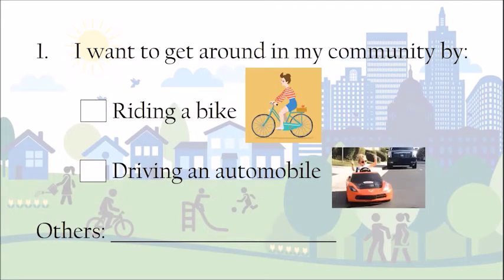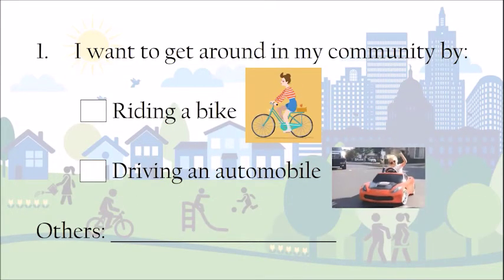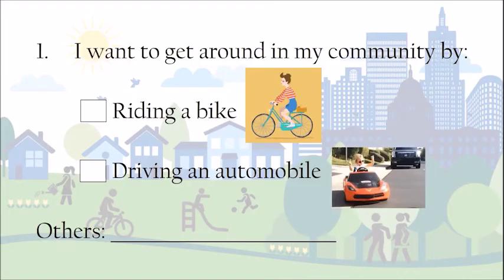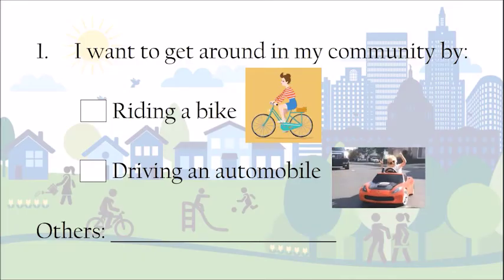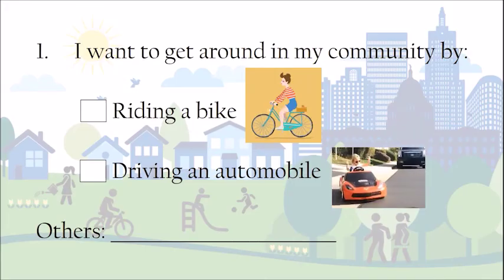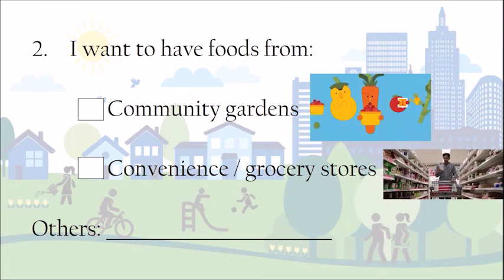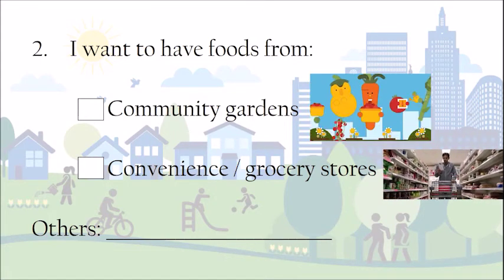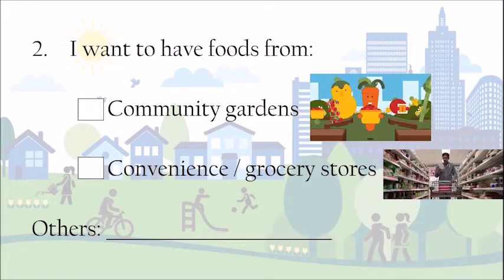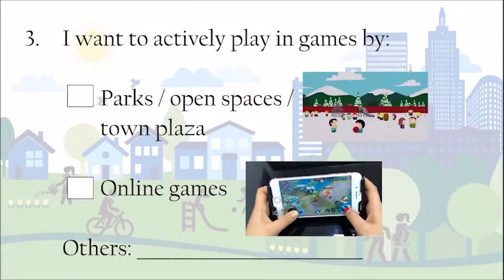Number 1. I want to get around in my community by riding a bike or driving an automobile. Number 2. I want to have foods from community gardens or convenience or grocery stores. Number 3.